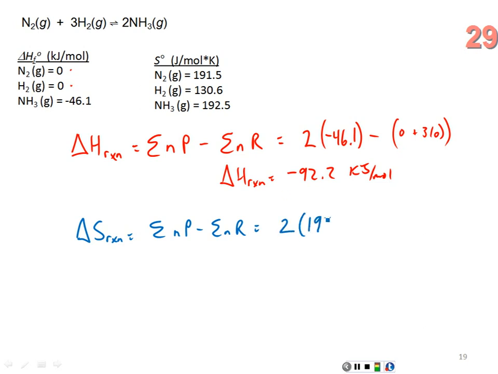So that's 2 times 192.5 minus the quantity 191.5 plus 3 times 130.6. Again, those are values for the reactants and the products.